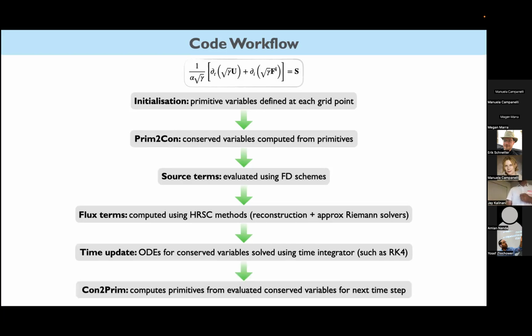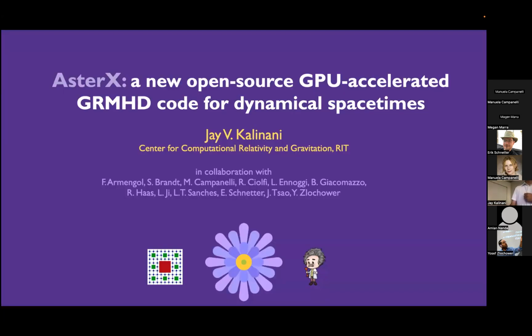For the next time step, you do a con-to-prim, so you compute your primitives for the next time step. This goes on in a loop where you evolve your system until you reach your results or failure.